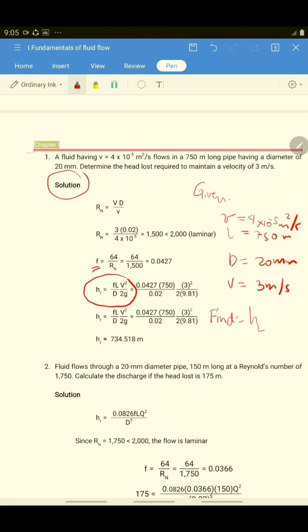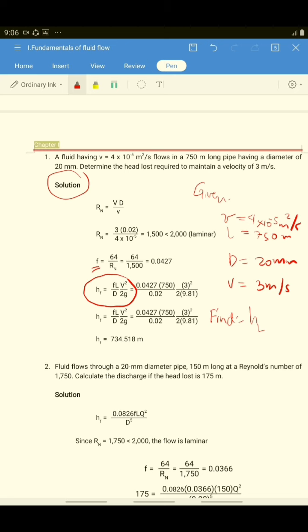So f can be taken when you determine the Reynolds number. In determining the Reynolds number, we can identify what type of flow, so that we will know the formula in getting the friction factor.